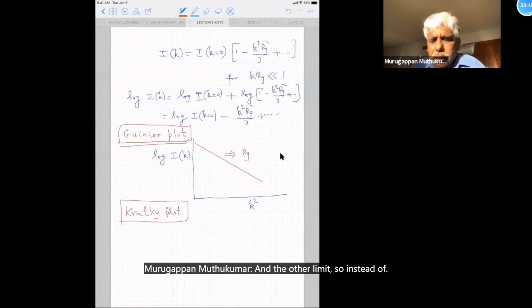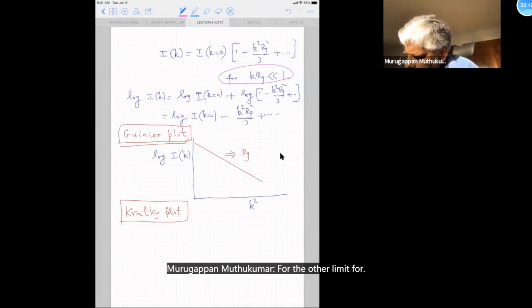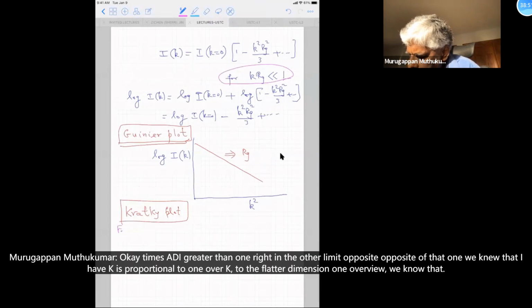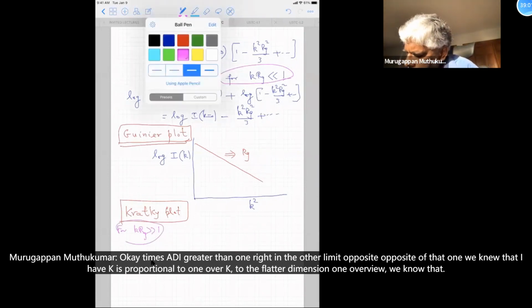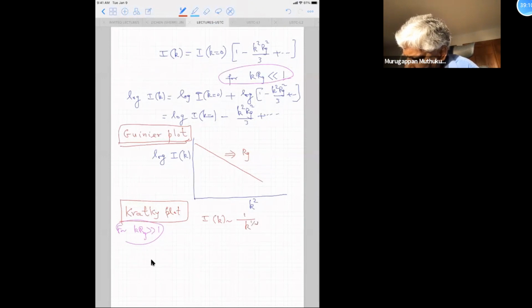In the other limit, for K times RG greater than 1, opposite to that one, we knew that I of K is proportional to 1 over K to the fractal dimension, 1 over nu. We know that.